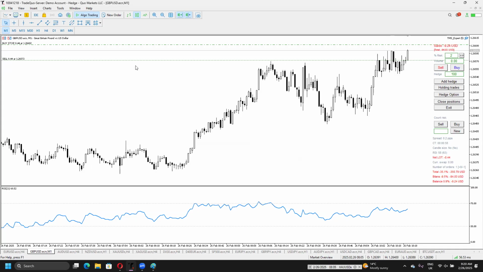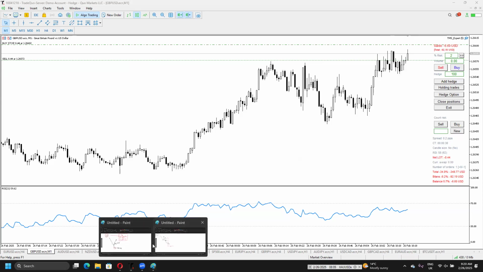If the price goes directly in our direction, then we just have to close the position with the profit. Once the price goes up and activates our position, we have a chance to use the strategy, scenario number 2 or 3.